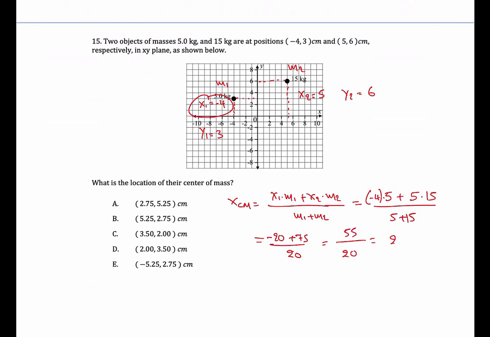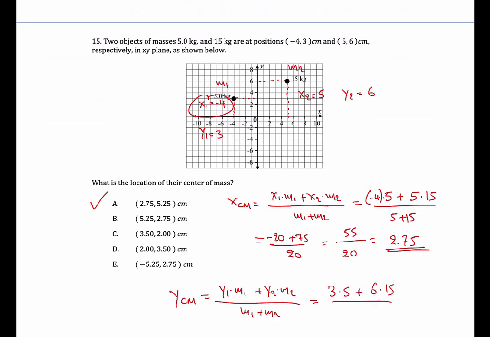The result is 2.75. Now, obviously the answer is A, however, maybe we'll need to find the location y of the center of mass in some cases. So if we apply a similar law, y1 times m1 plus y2 times m2 divided by m1 plus m2, we know that the y1 is 3, we know that the y2 is 6, divided by the total mass that is 20.